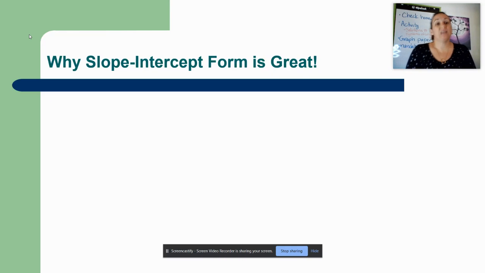To be able to tell whether or not a problem has an answer or if it's a special case, you always want to put your equations into slope-intercept form, just like we did in the last video. Just by putting it into slope-intercept form, you can tell whether or not it has a solution.